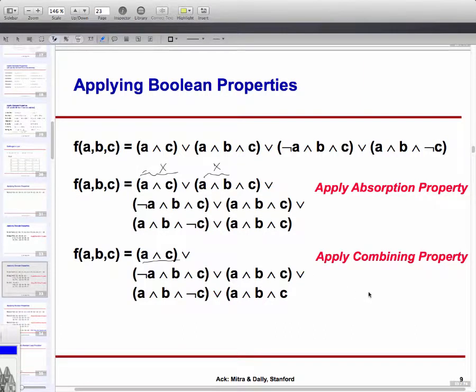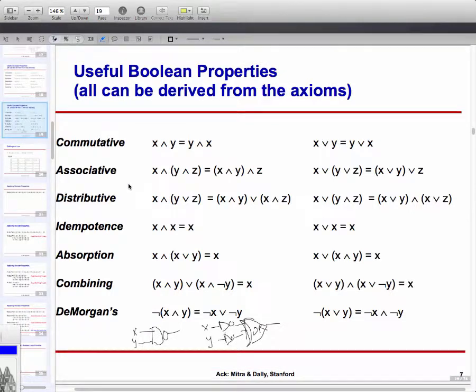Now we apply the combining property. So what was the combining property? Let's go back. Combining property said that x and y or x and not y is x.